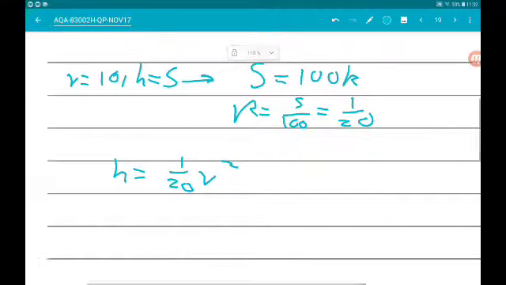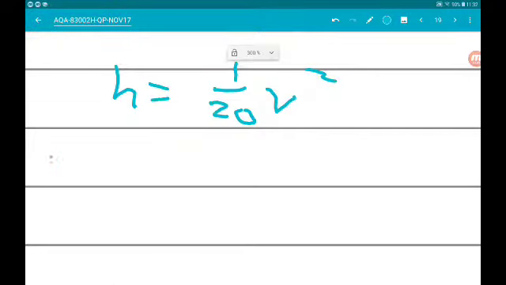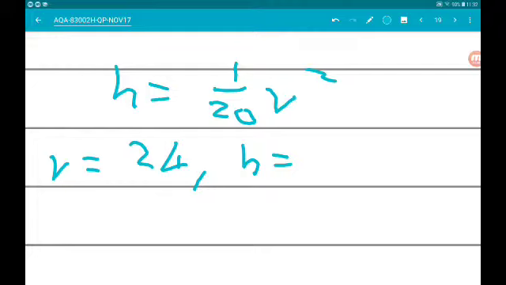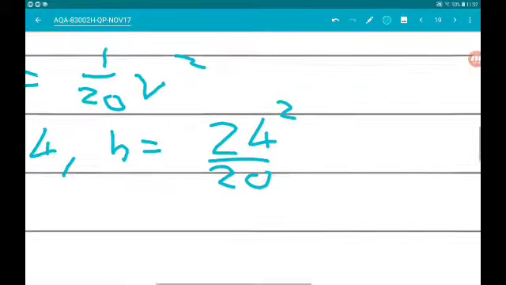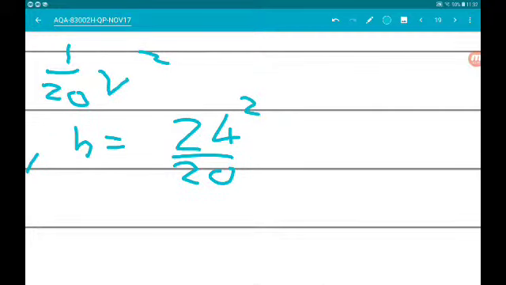So, when v is 24, h is 24 squared divided by 20, 1/20th times 24 squared. So 24 squared is 576.